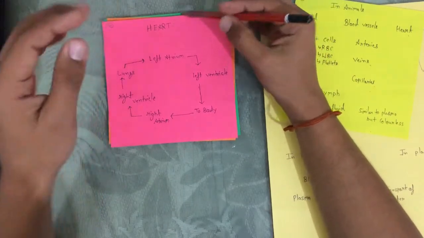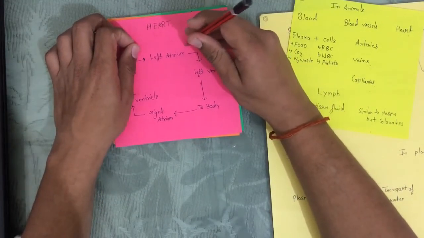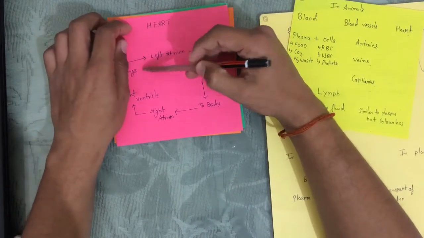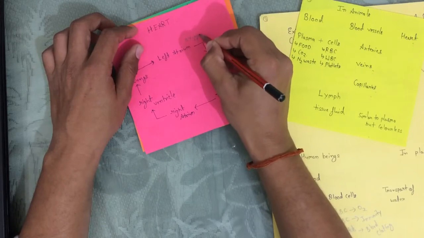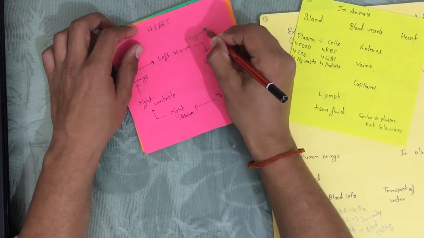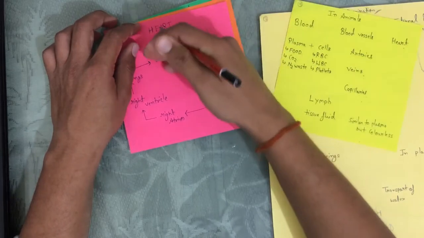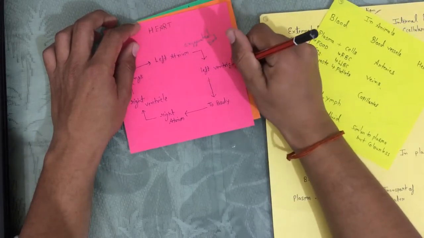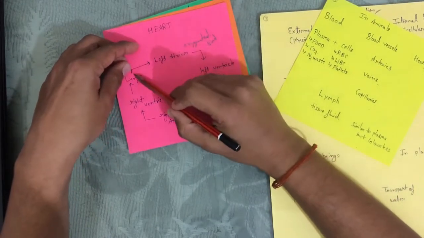In the same way, first the blood comes into the left atrium, and it comes from the lungs. It is oxygenated blood, containing a high amount of oxygen, which then passes to the left ventricle. When the atrium is in a relaxation state, blood enters inside it.